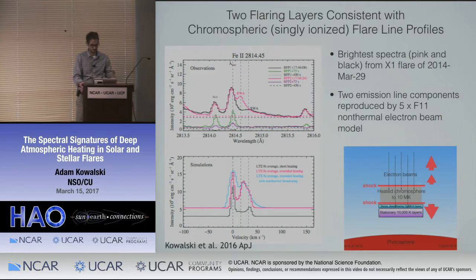So I'm running a little bit behind, but I just want to mention that this model also predicts 2 components in the singly ionized chromospheric lines. We looked at the iron 2 lines. We thought that would be a place to start.